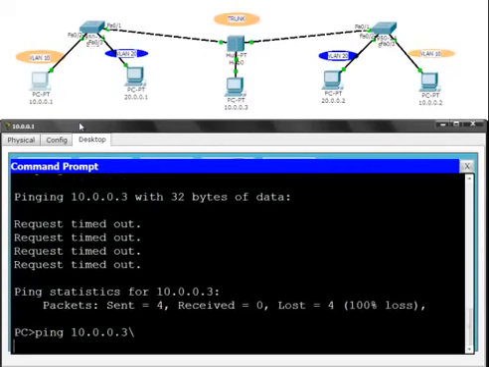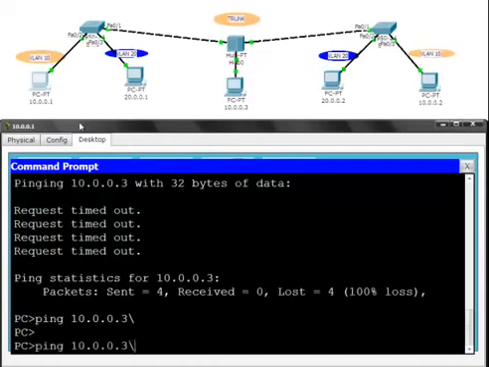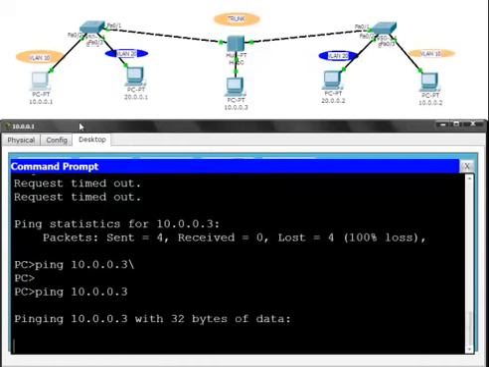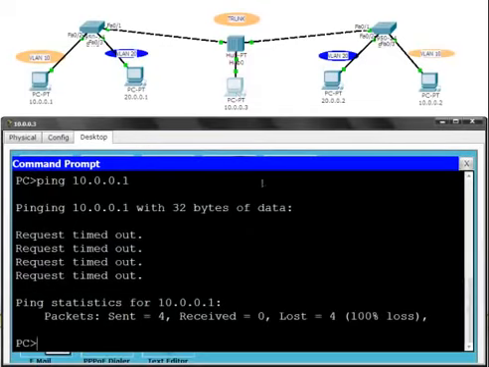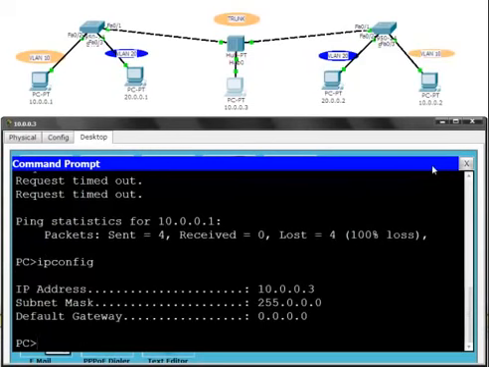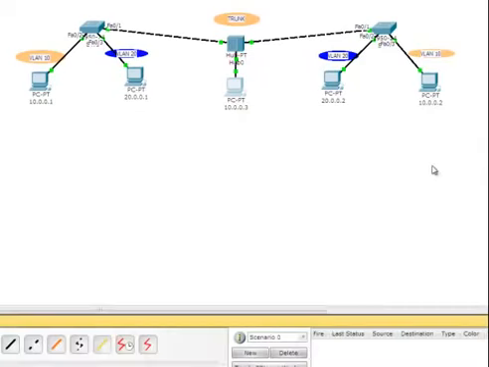One more time. Let me check once that 10.3 is properly configured.